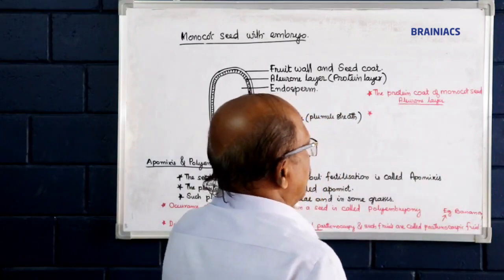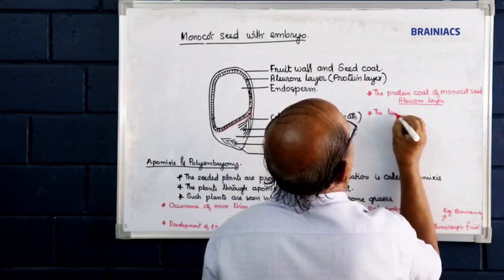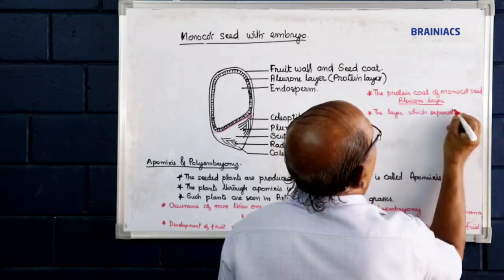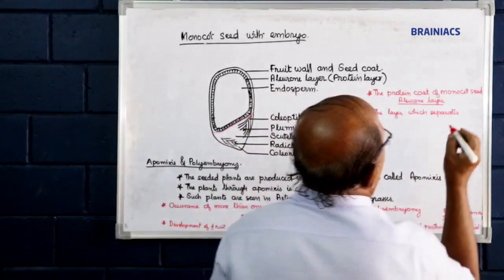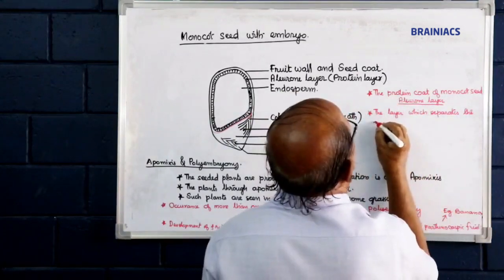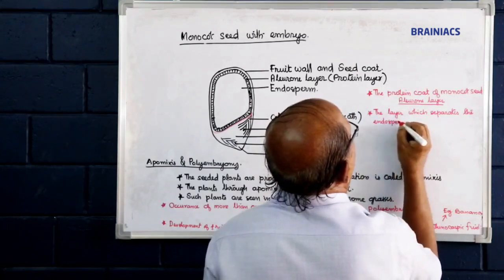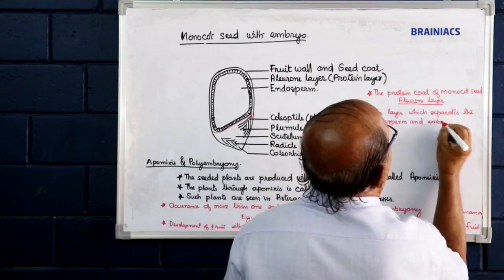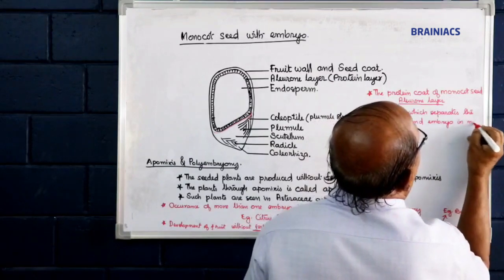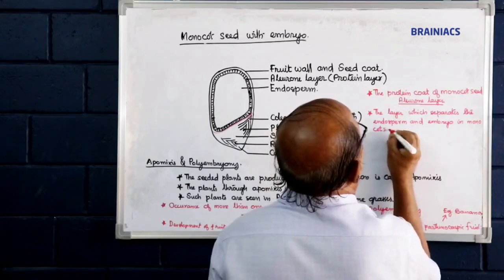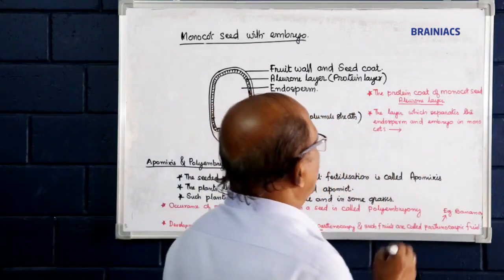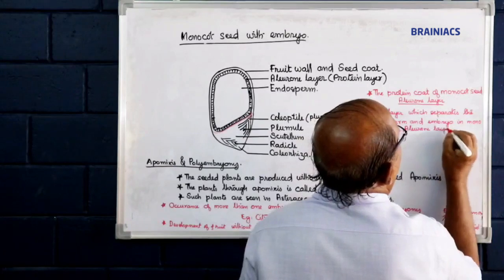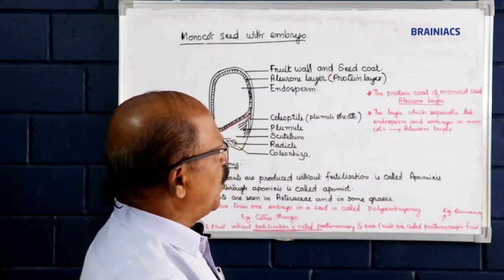Aleurone layer, the protein coat of monocot seed, aleurone layer.